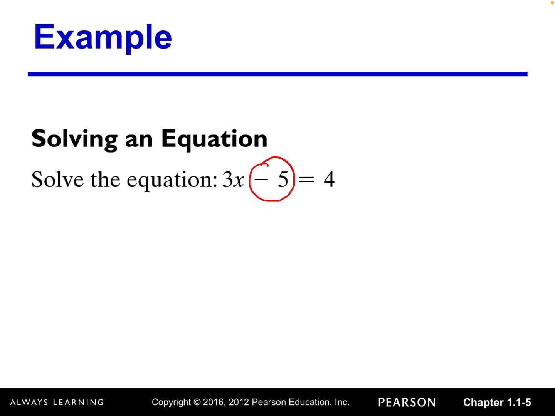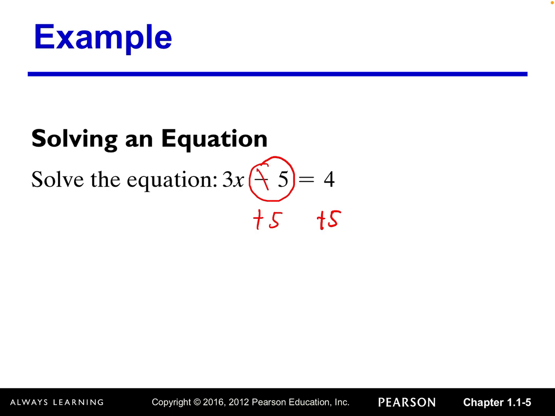So what can we do? To cancel this term, we want to add a 5, right? But if we only add a 5 on the left-hand side, then we change the equation, so we have to apply procedure 3, the addition principle. We add positive 5 to both sides of the equation. That results in a new equation still equivalent to the original.